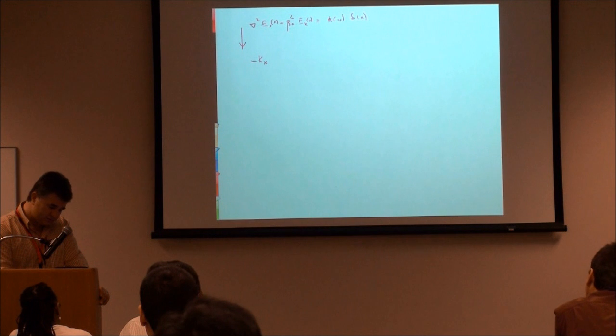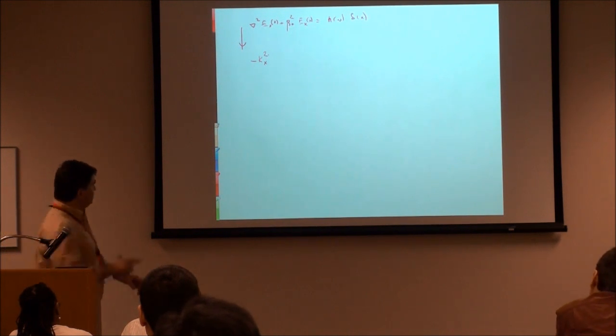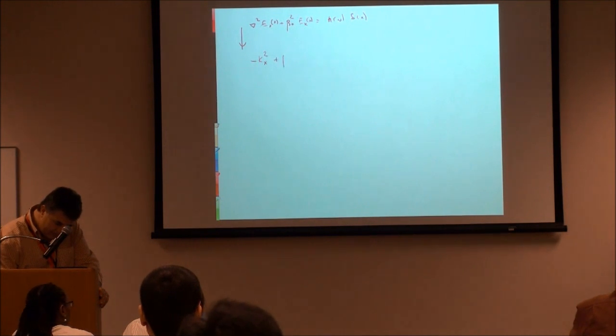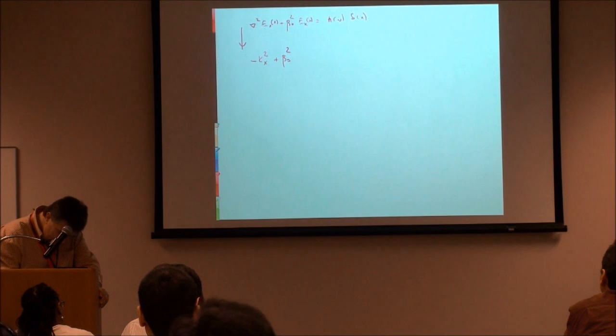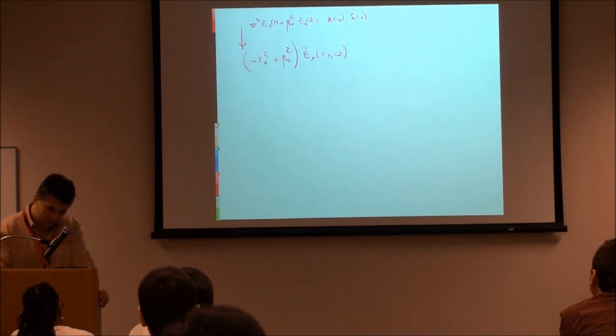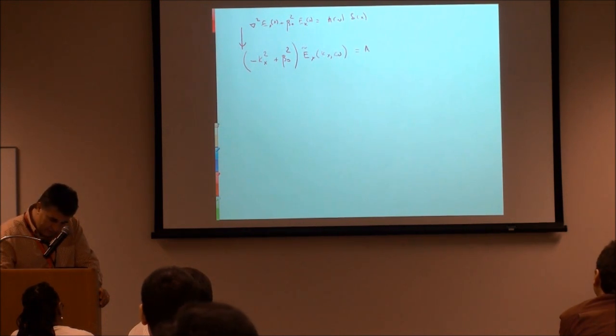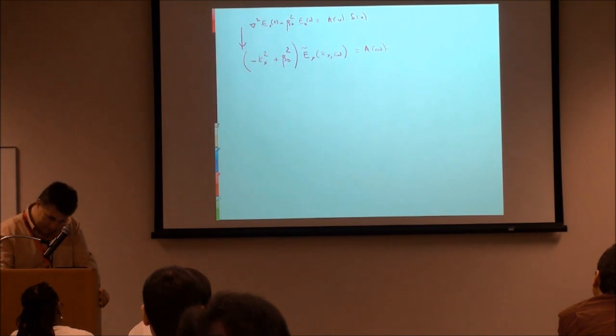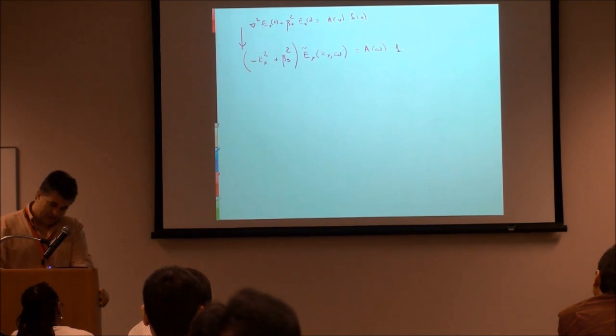Let's call it Kx squared. Okay? So this is the K along the X coordinate. Plus beta naught squared, same thing, and I can factor this since I forgot to write it there. This is the Fourier transform of E of x as a function of kx and omega. That's how we rigorously should write it. A of omega stays A of omega, and the Fourier transform of a delta function is 1. Thank you. There we go.